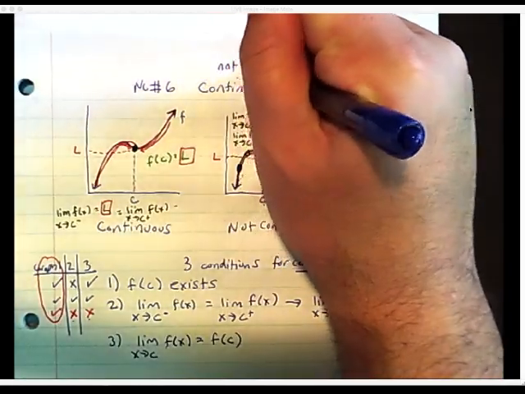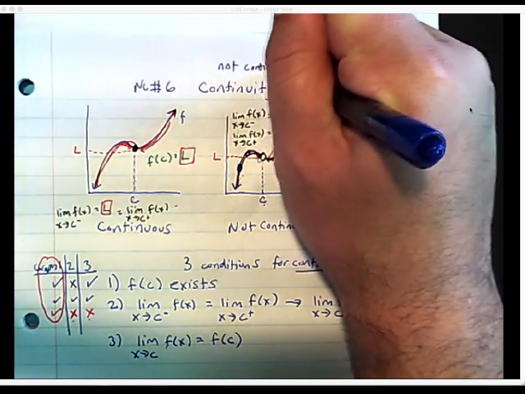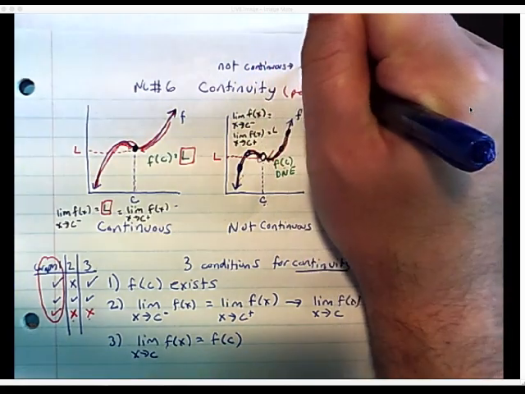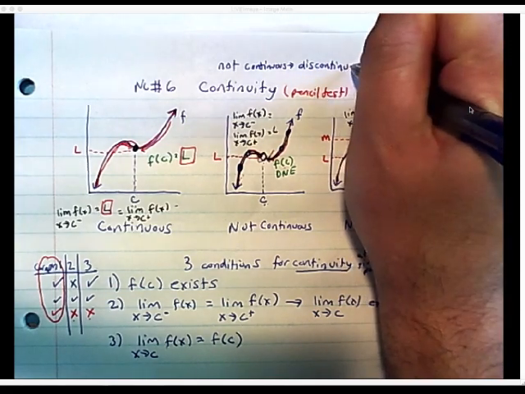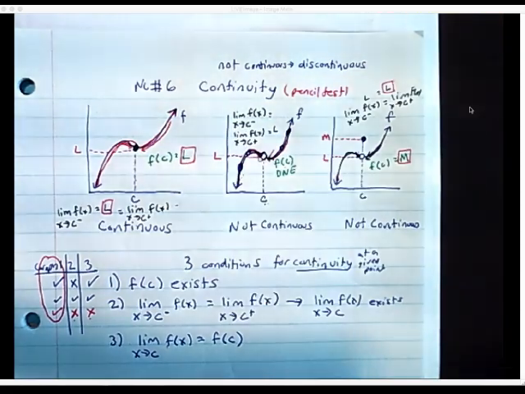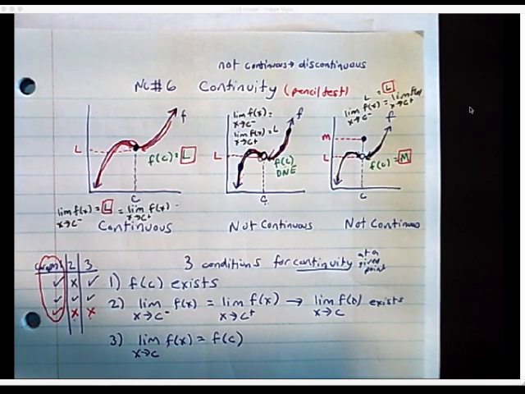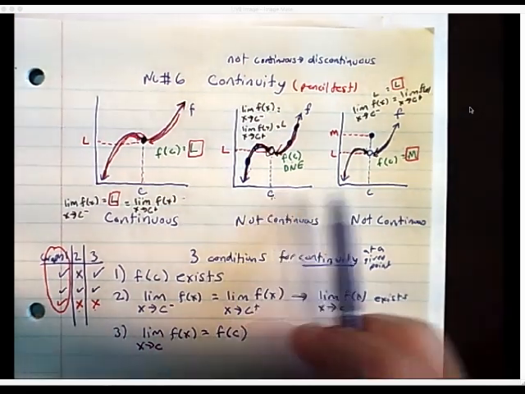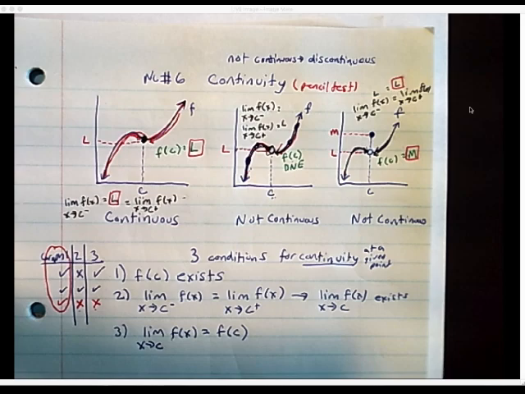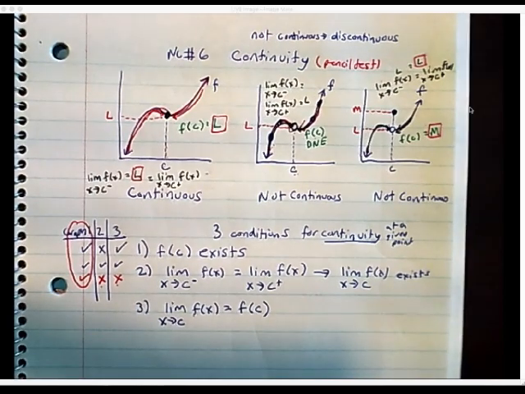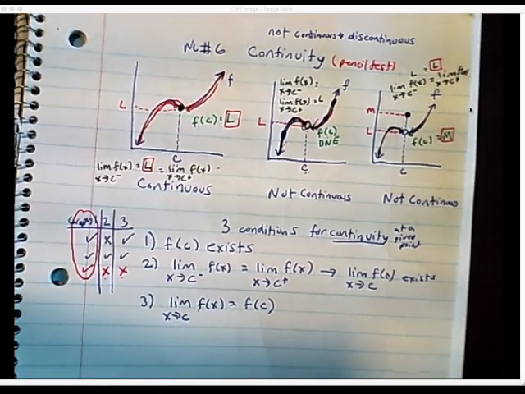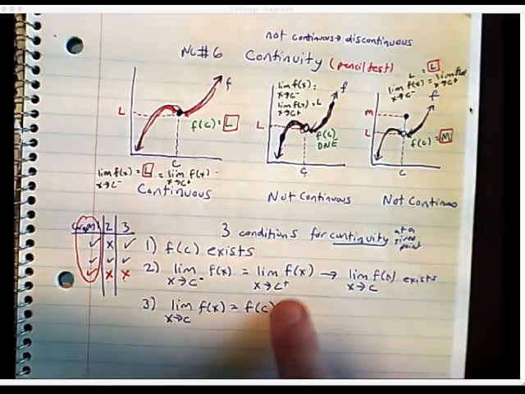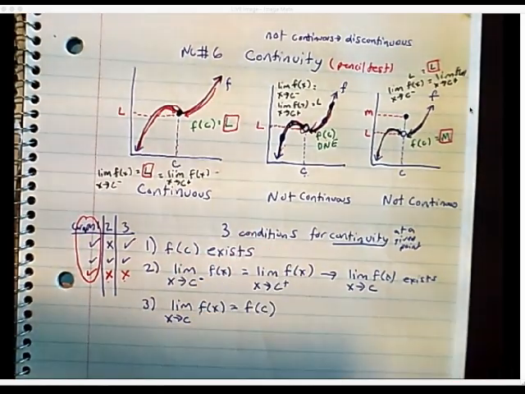So if something's not continuous, just some terminology, then that means it has a discontinuity, or it's discontinuous at a certain value. And in both of these cases, it's discontinuous at an x value of c. So that's basically continuity. Okay. Does it meet the pencil test? Formally, it doesn't meet all three of these conditions.